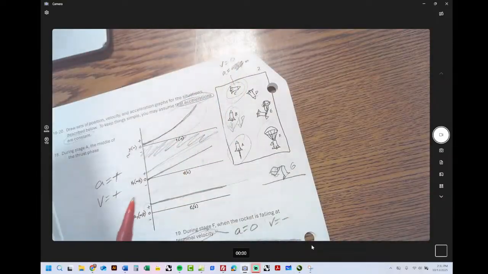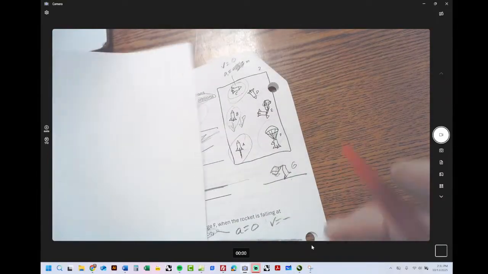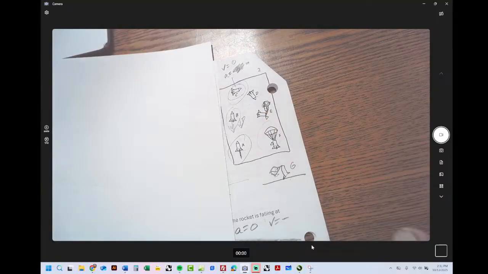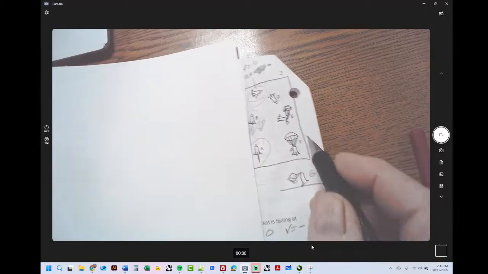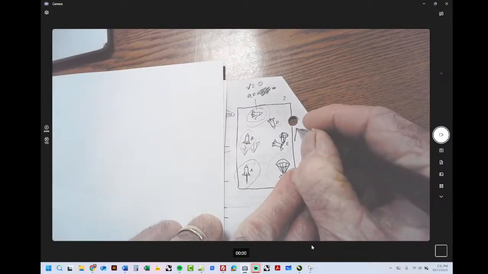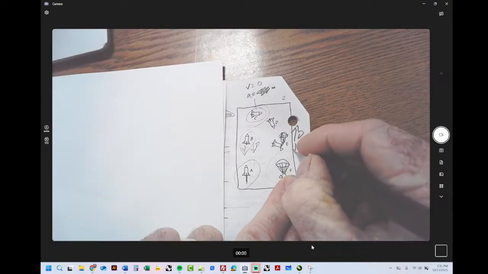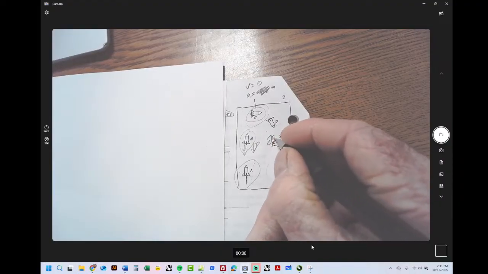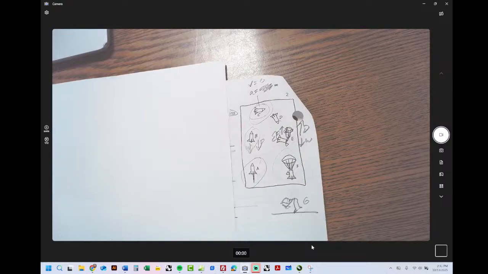And E, if I give you that on the test, E is going to be a time when the parachute is just opening up and the rocket is slowing down. So it's basically the drag is really strong and the weight is less strong, and that would give us a net force that's upward.